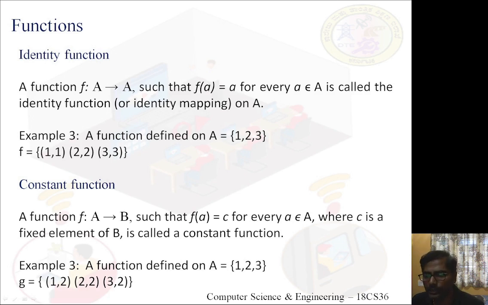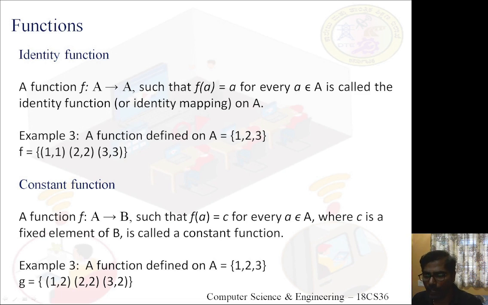Such a relation we call a binary relation. A relation from A to A is known as a binary relation on A. Some of the binary relations might be functions from A to A.